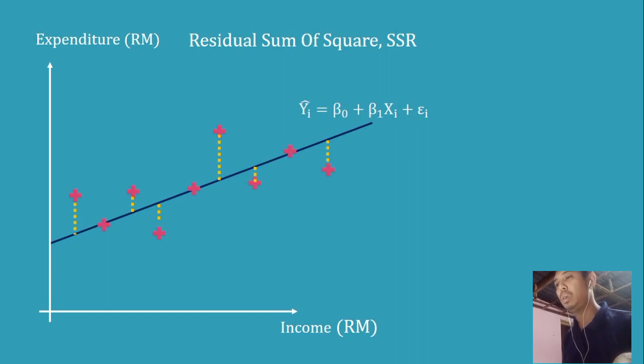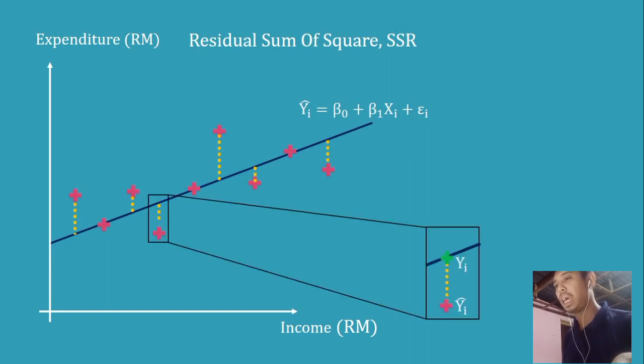If we zoom in on the gap, we can see the difference between estimated y and observed, or actual, y. Therefore, to get a better economic model, we aim to minimize the gap between estimated y and observed y, which reflects that our estimation is good enough to explain the variation of the actual data.